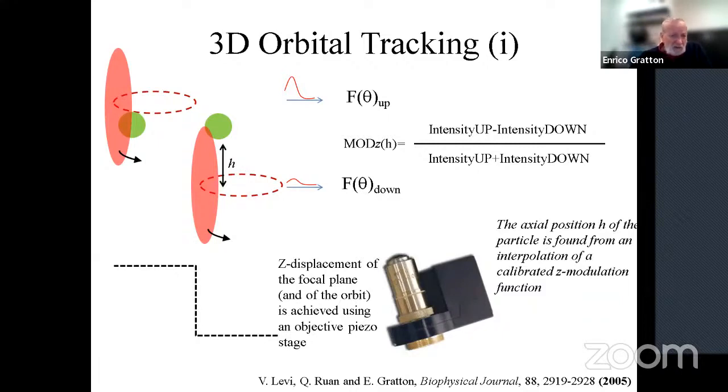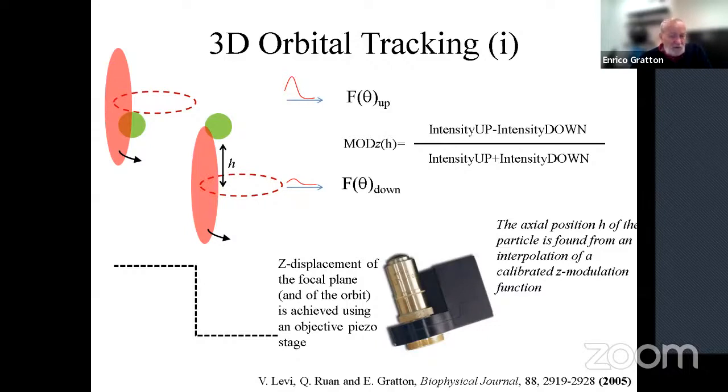So 3D particle tracking. If we are in an orbit which is exactly at the center of the Poisson function, and the particle is in this position, then if we move the orbit up or down, the position of the particle would be farther now.